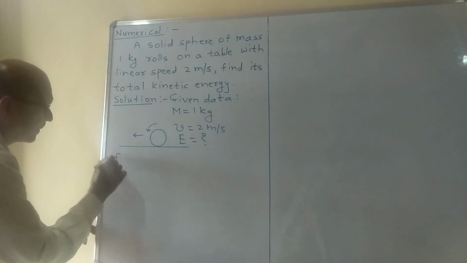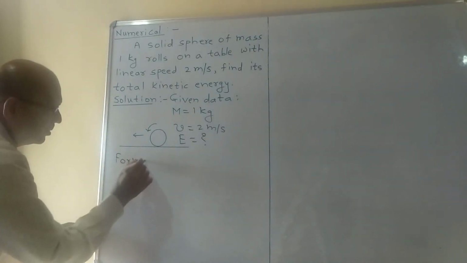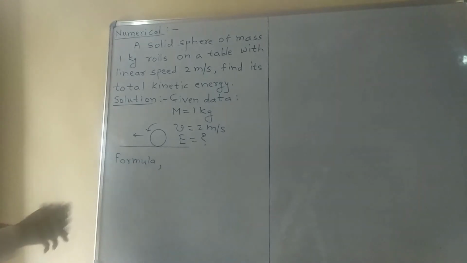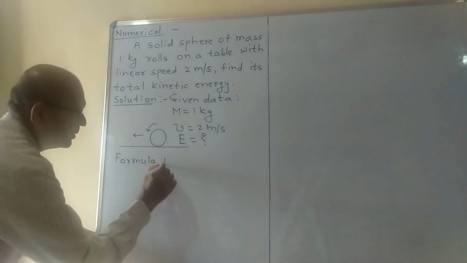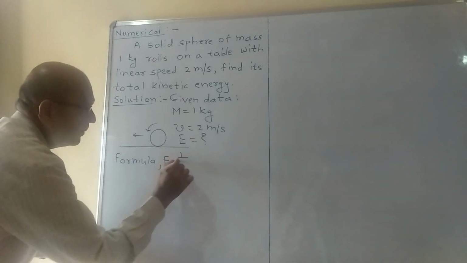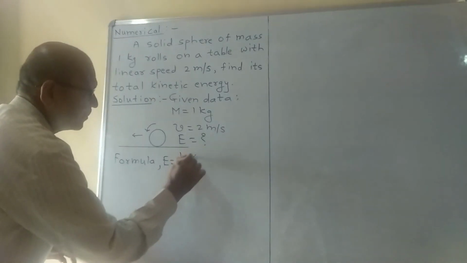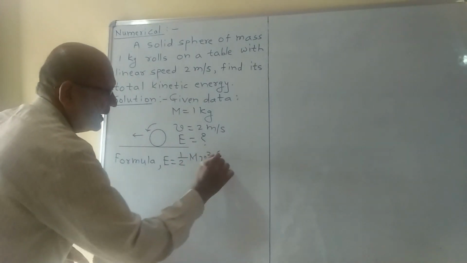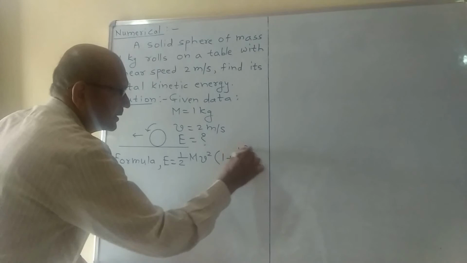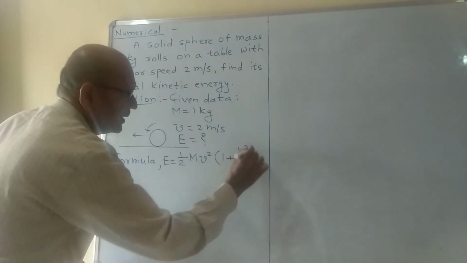Formula to be used here: E equals 1 half m v square, bracket 1 plus k square upon r square, bracket complete.